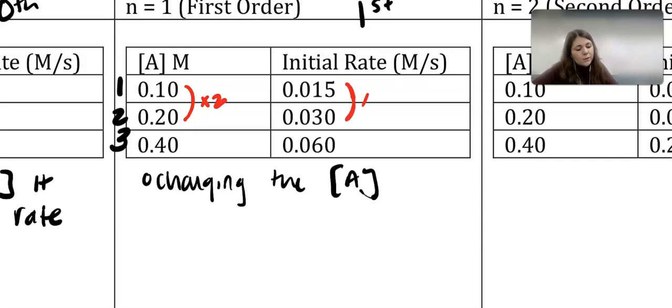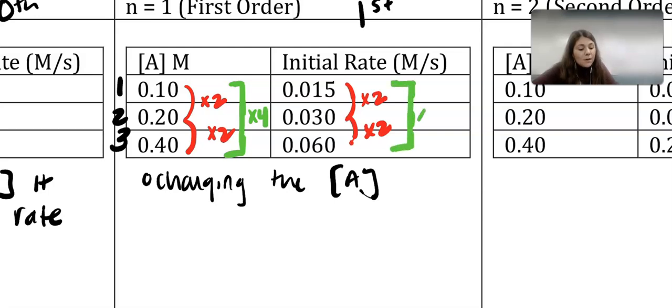Here from trial 1 to 2 for the rate, it also multiplied by 2. You can also see from trial 2 to 3, it was multiplied by 2. And even for the rate, it multiplied by 2. And what's even cooler is if I look from trial 1 to trial 3, it multiplied by 4. You'd hope the same type of effect would happen to the rate, and it also multiplied by 4.